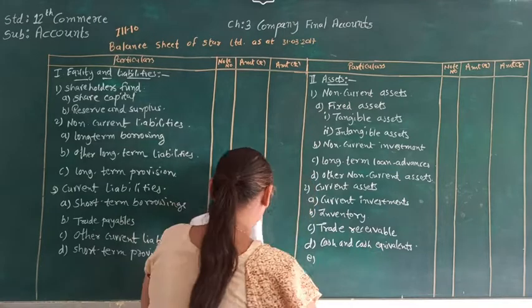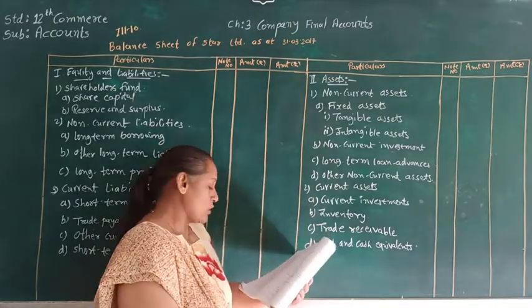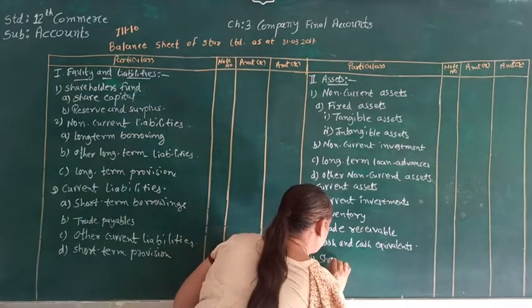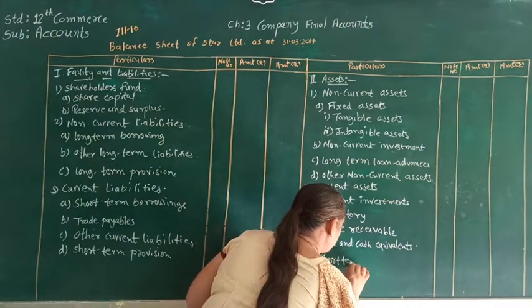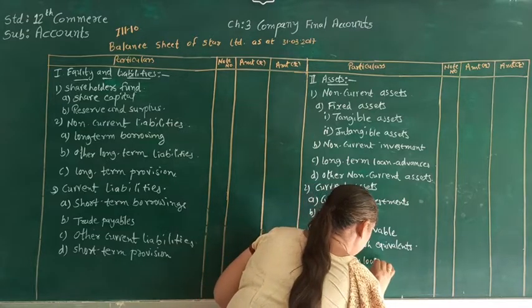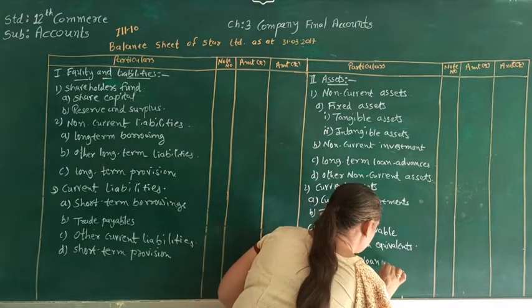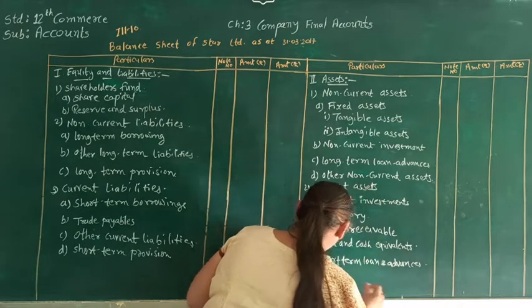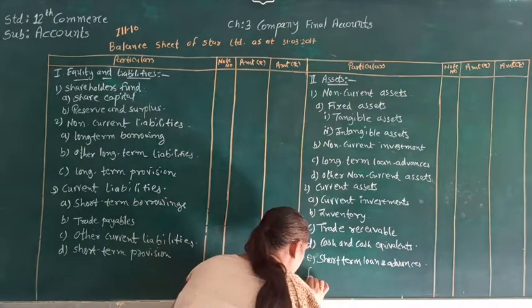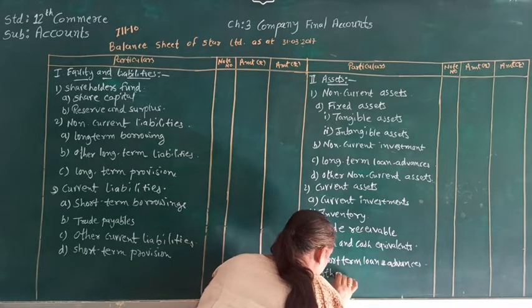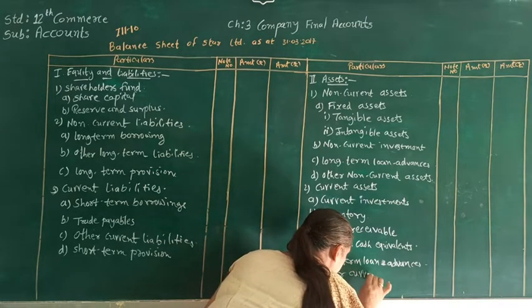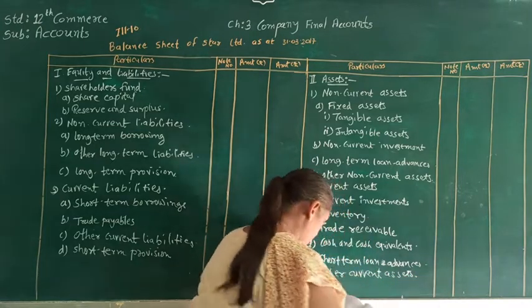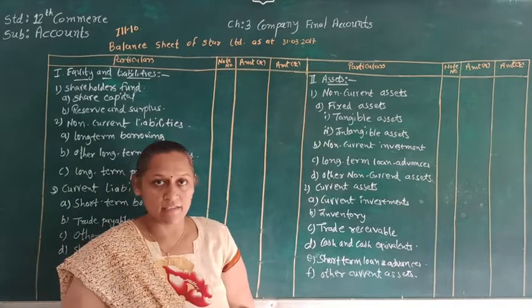Then the fifth one is short-term loans and advances. And the last one is other current asset. So these are the main heads of the balance sheet.